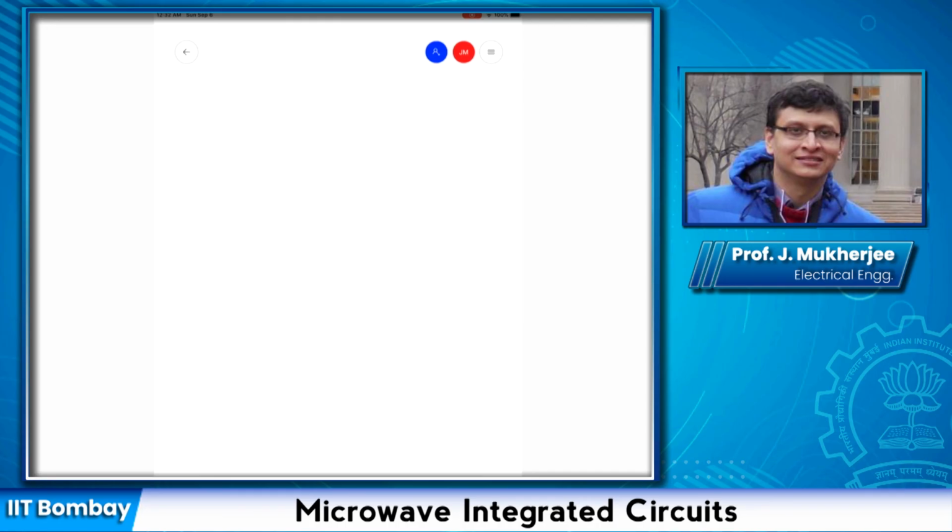Hello, welcome to this lecture. We will be discussing amplifier design and how to design an amplifier with a specified gain. First, in the beginning, we will be considering the unilateral case, and then we will move on to the bilateral case. So, let's see.